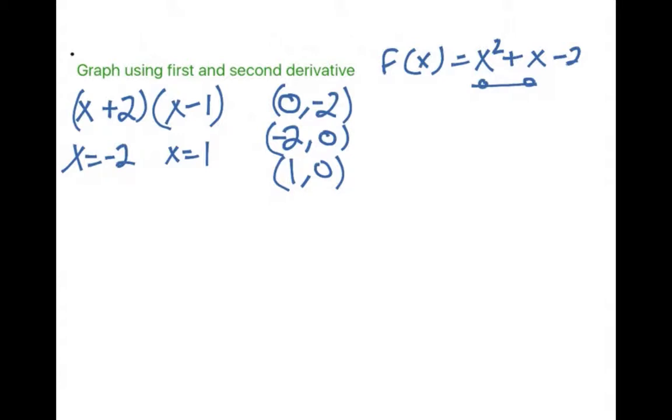Now, we must use the first derivative in order to find our critical numbers. So let's take the derivative. Using the power rule, we take the 2x in front, plus 1. That is our first derivative.